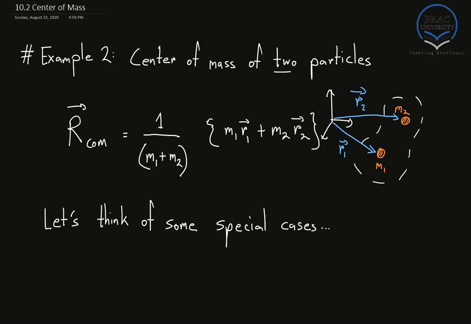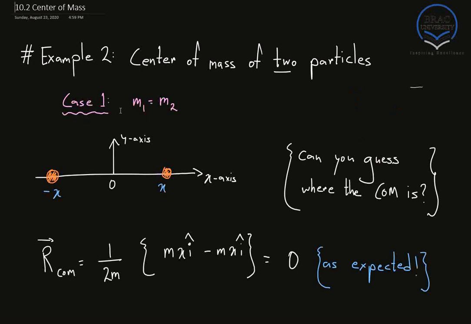So, special case 1, which is, let's say the two masses that constitute the system are equal, so that you have the two masses m1 and m2. For our convenience, let's take the coordinate system like this. The origin of this coordinate system that we chose is right at the middle of these two particles.